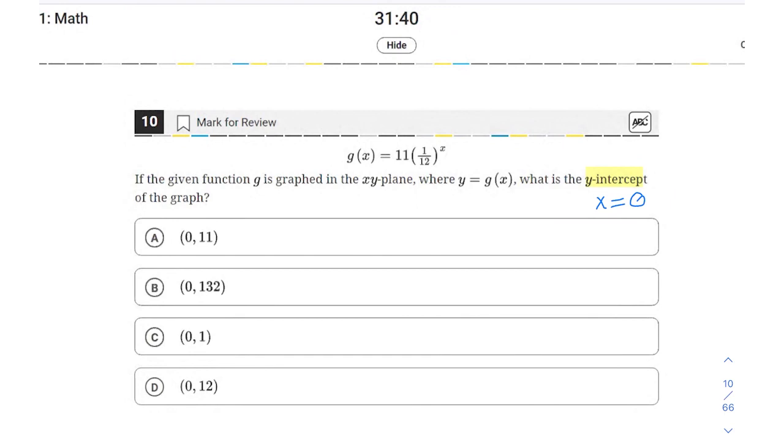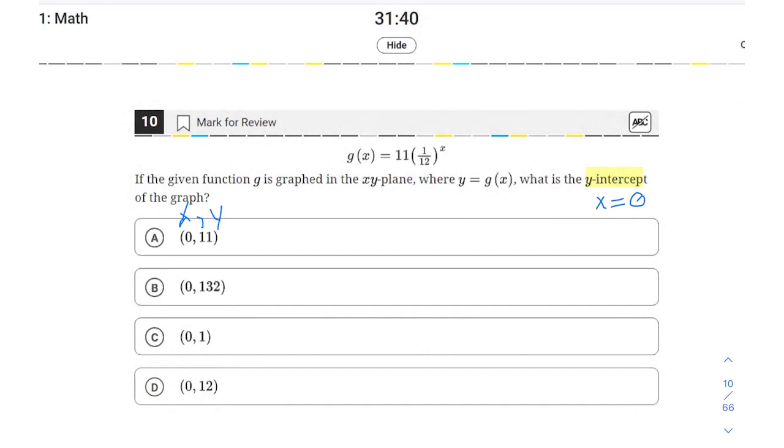And if we weren't sure, our answer choices actually point us in that direction, because we see that all of our answer choices have a 0 in place of the x. If you look at x comma y, every answer choice has a 0 there for x. So there's a little bit of a hint here that we can use to our advantage. Then we plug in a 0 for x.